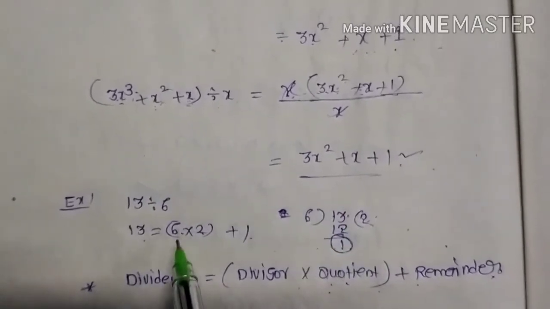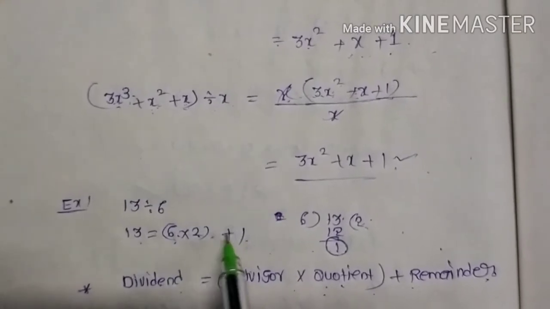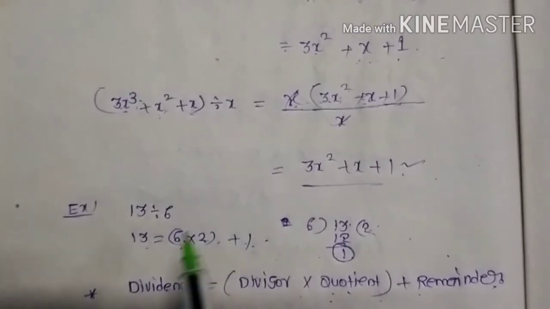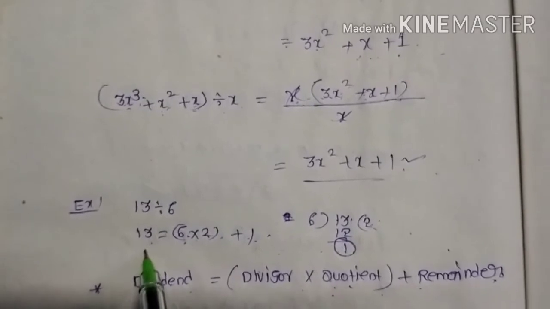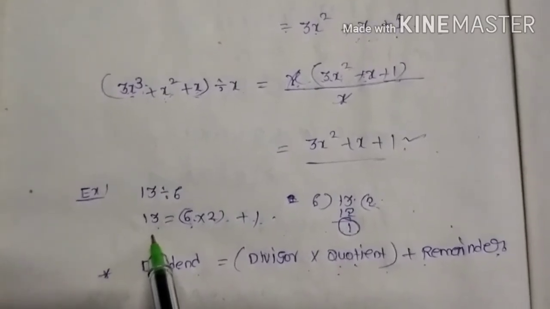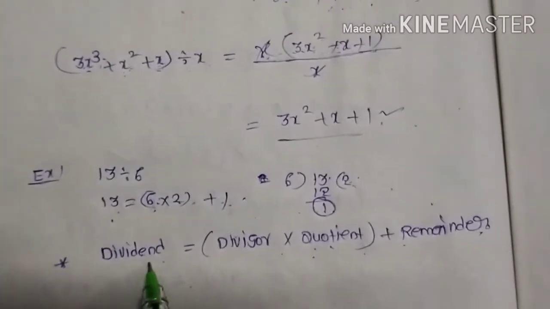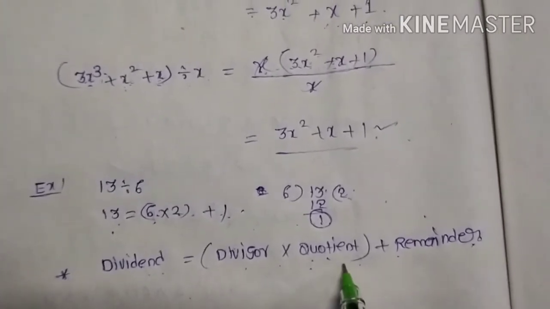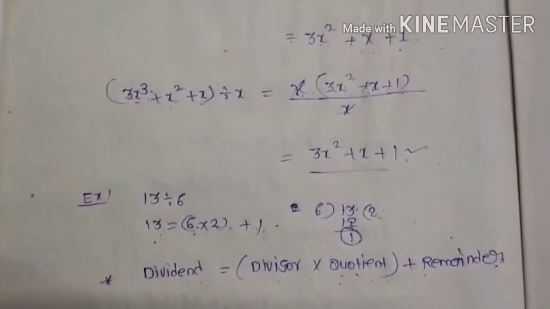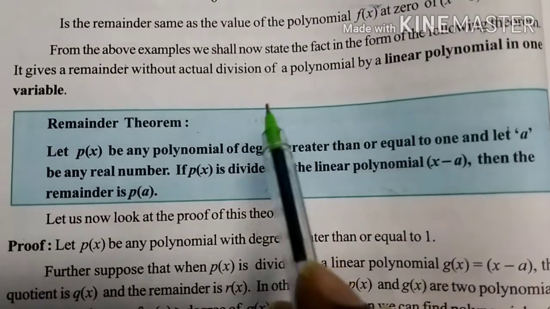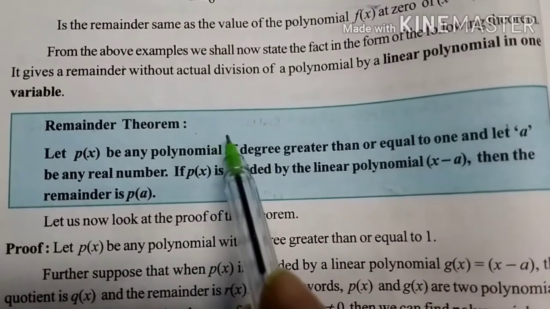That means here divisor into quotient plus remainder, you will get the result as the dividend or not? Yes. We can do the problems very easily. Everyone should remember: dividend is equal to divisor into quotient plus remainder. Now you can see the remainder theorem. This is very important.